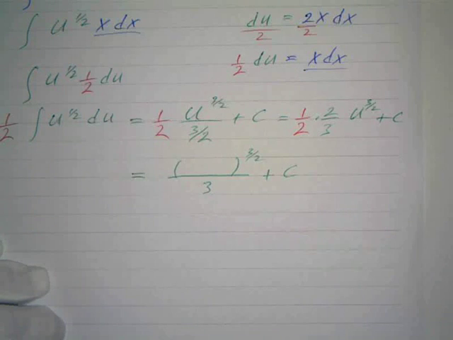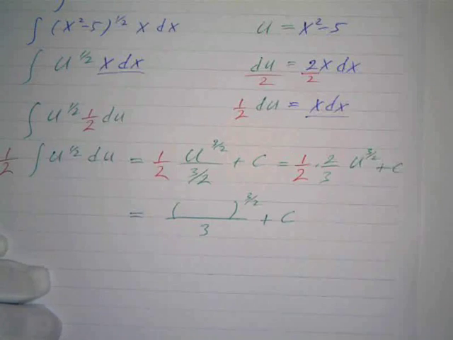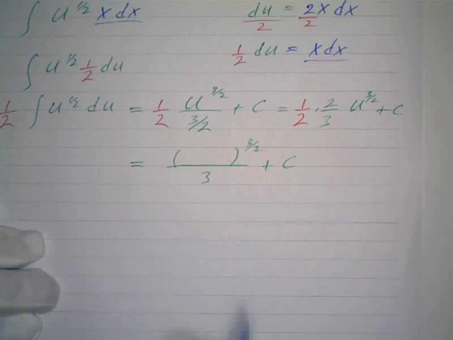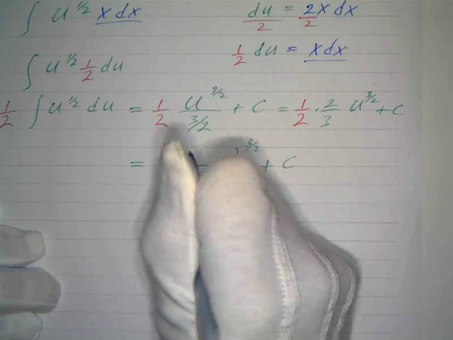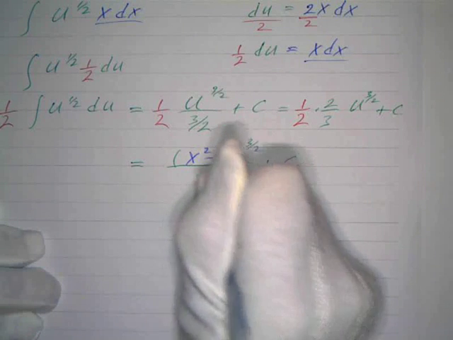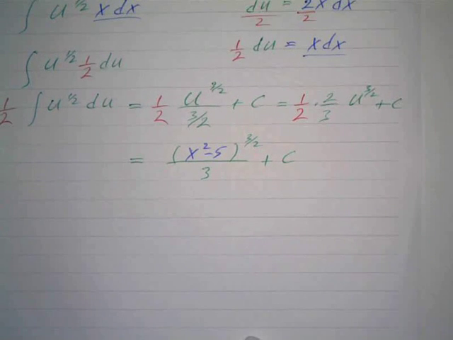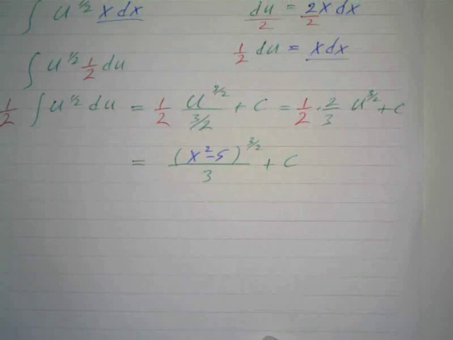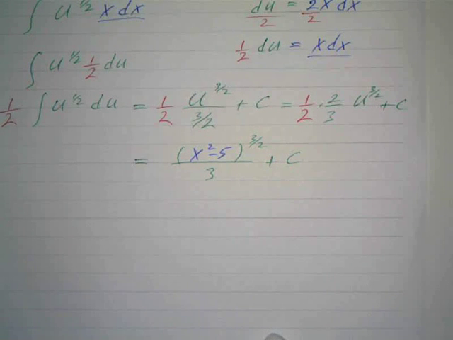But what was my u? My u is x squared minus 5, right up here, you've got it written down. So you just look up there and find out what u is: x squared minus 5. And you're done. So very easy as long as you follow all the steps.